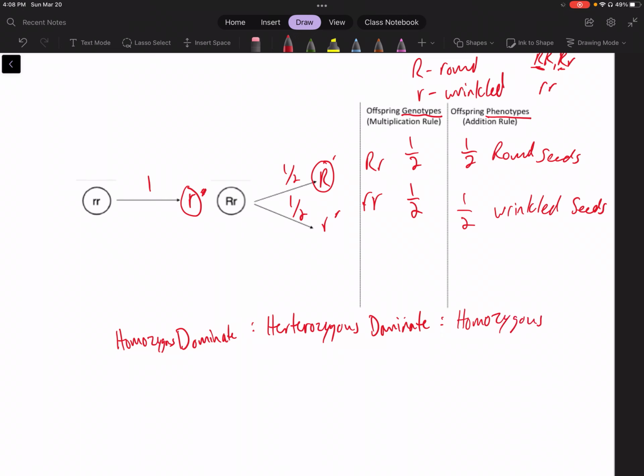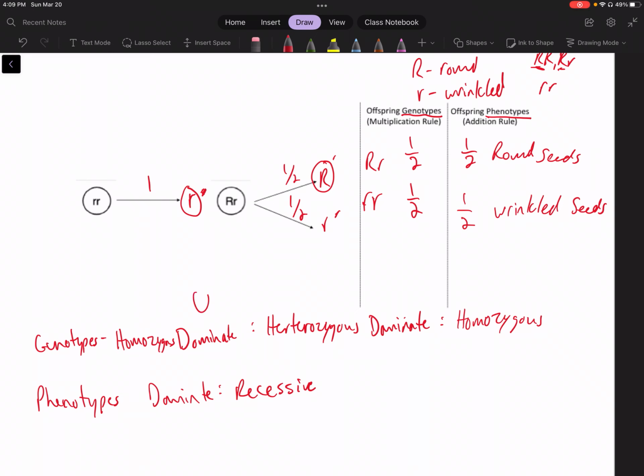And then this is for genotypes. And for phenotypes, you do dominant usually to recessive.